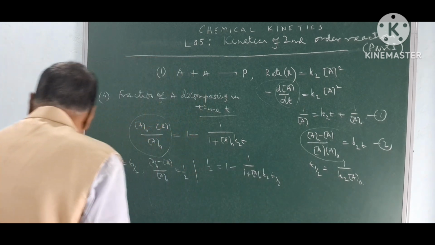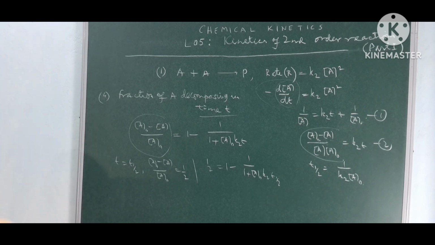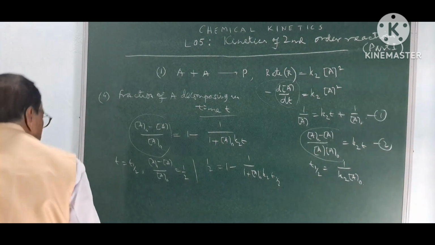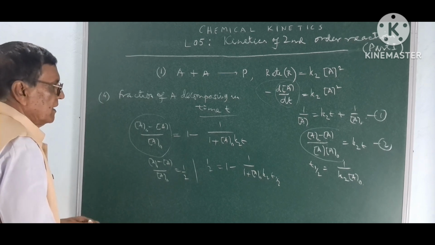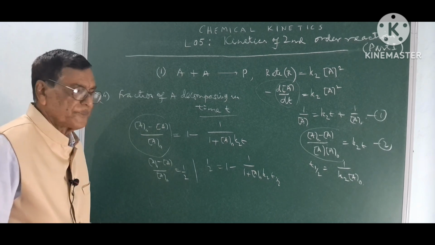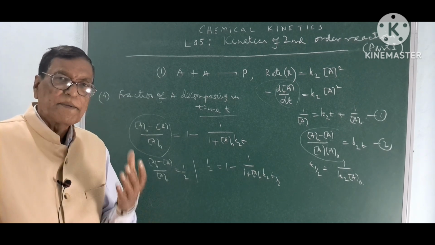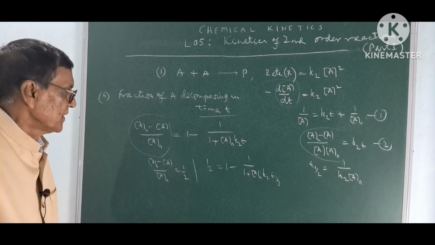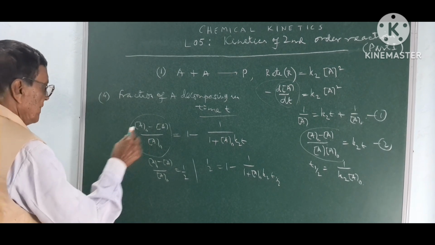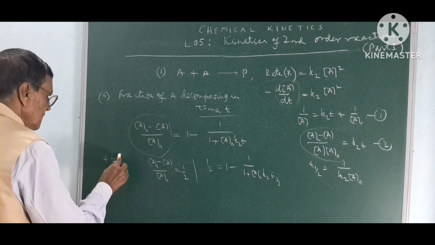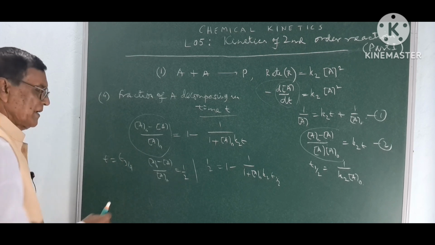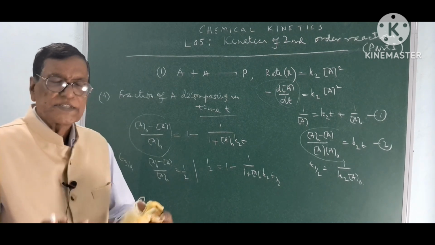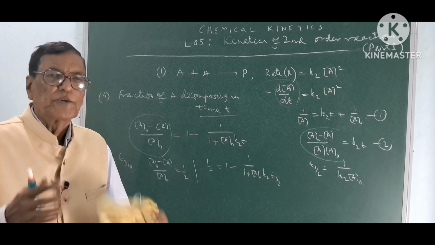Not only that, you can calculate the time required for 75% decomposition. When T equals T 3/4, it means 3/4 of the reactant has been decomposed.